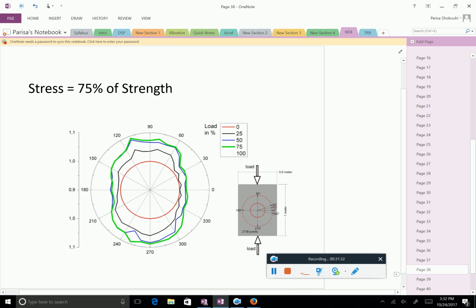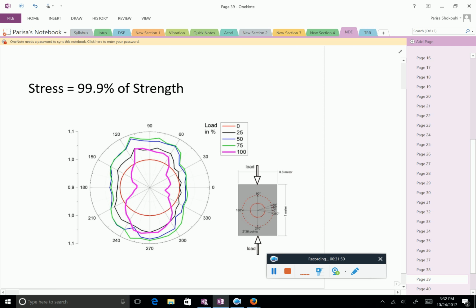And then between 50 and 75, that's when we approach this plateau, where microcracks are developing and there are two competing mechanisms. So you kind of see that they start to overlap. And just before failure, everything shrinks back. So in all directions, microcracking is definitely dominant, and it all goes down.